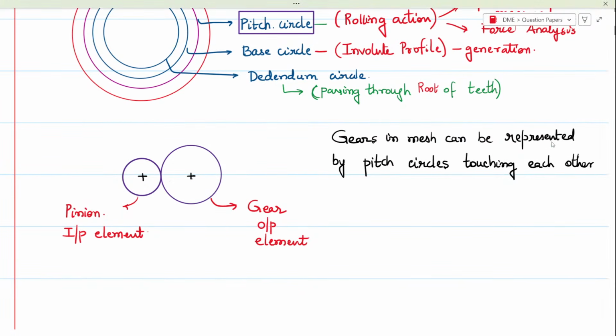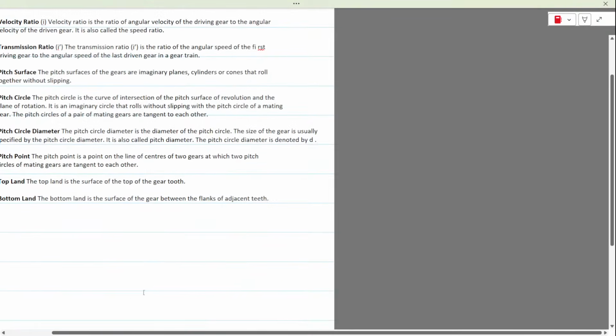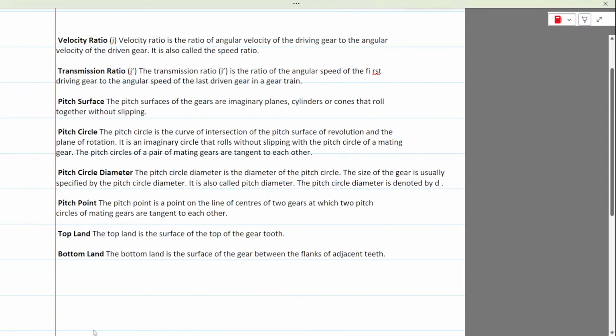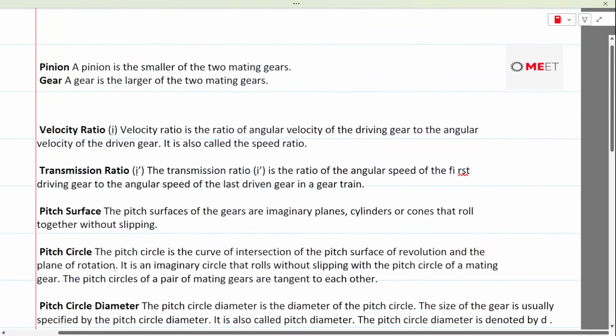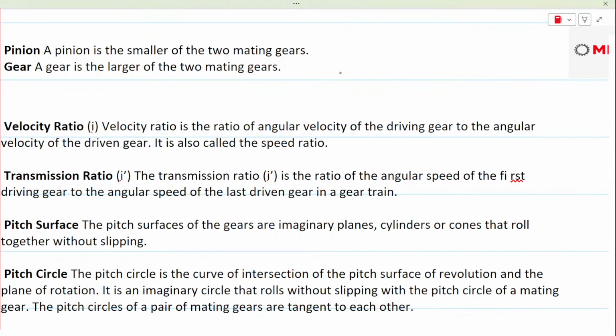Now let's try to understand each of these. As I mentioned, pinion is the smaller one and gear is the bigger one, and pinion is preferred as driver element and gear will be driven.